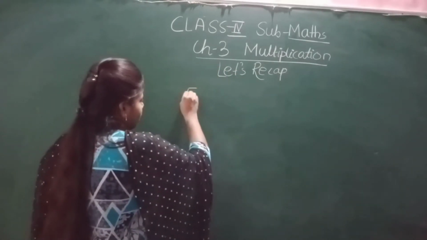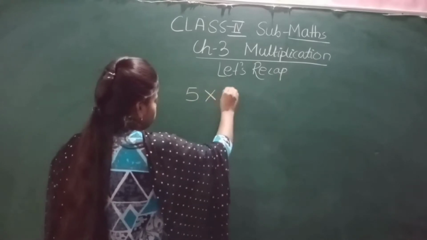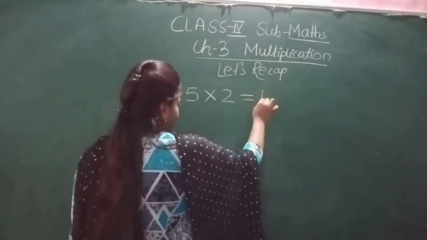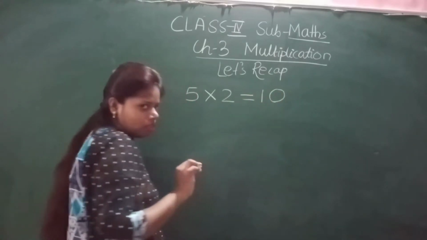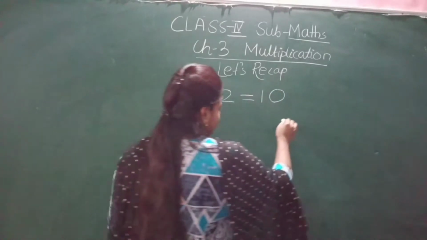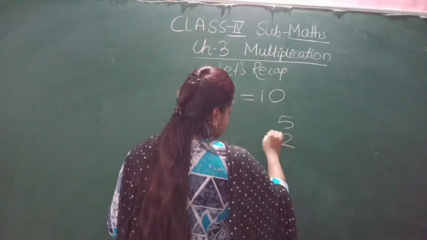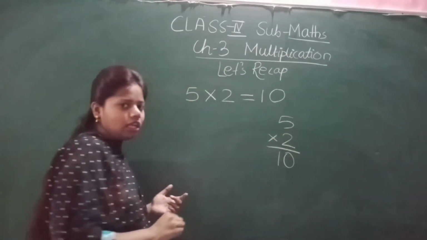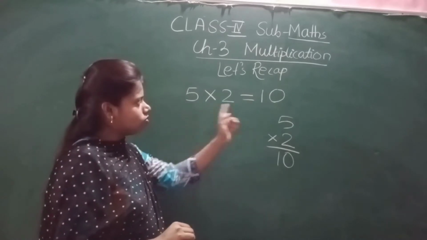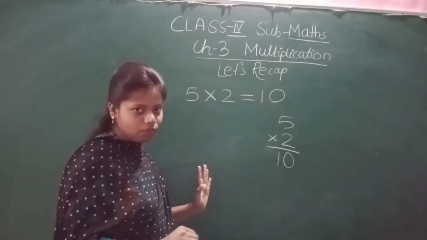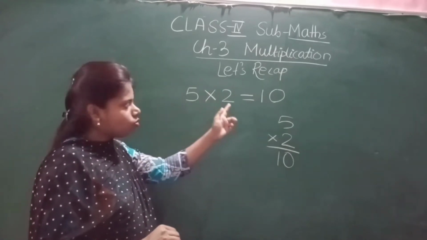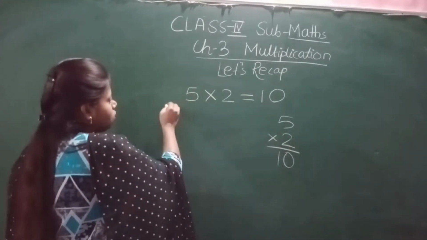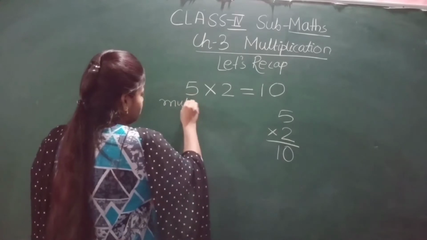When we are multiplying 5 into 2 is equal to 10, or we can write it in column form also, like this. This is the column form. So what do we call this, and this, and this? To this we call multiplicand.